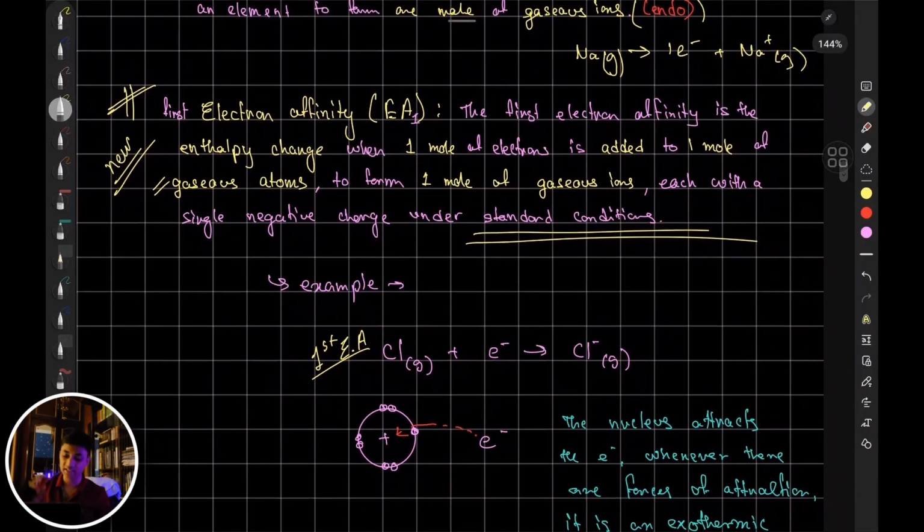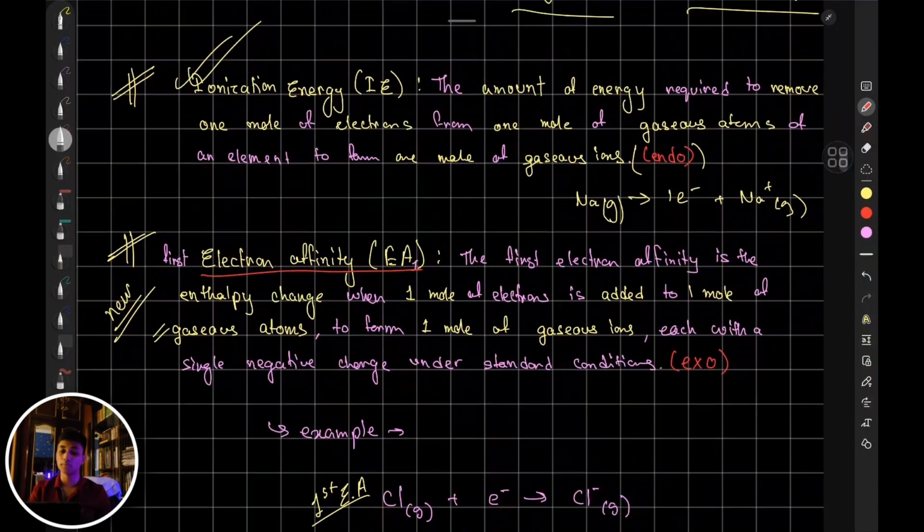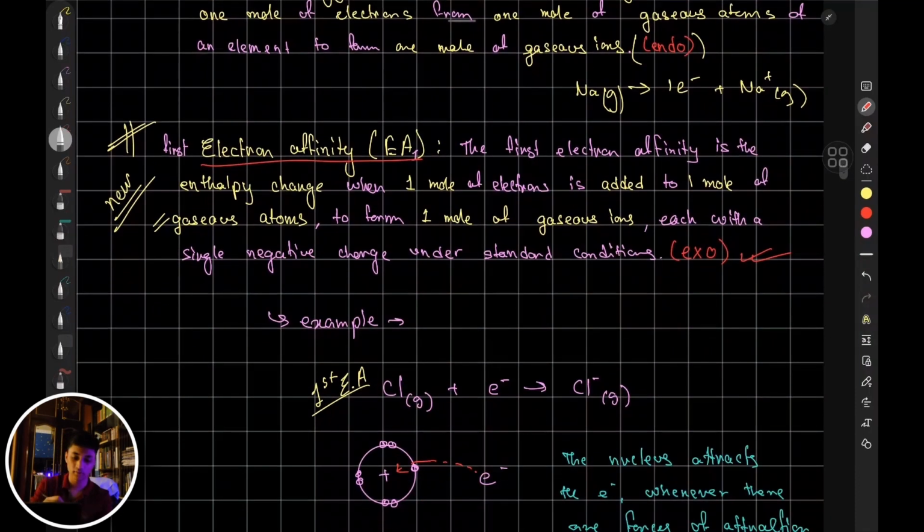Now, let me clear out one thing. First electron affinity is almost always an exothermic process. You could already guess that since I've already mentioned electron affinity is the opposite of ionization energy. So if this is endo, this should be exo. But why is it actually exo? Why is it an exothermic process? Let's draw the atom for chlorine.